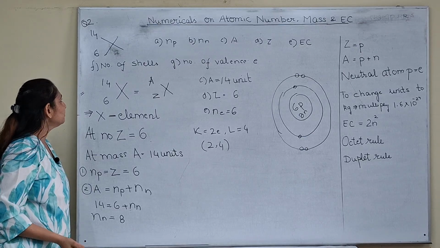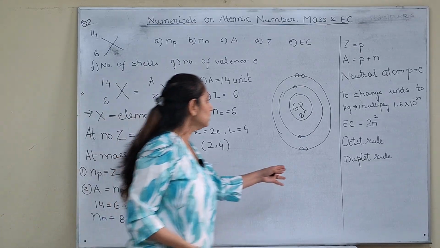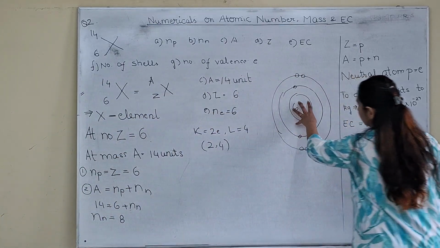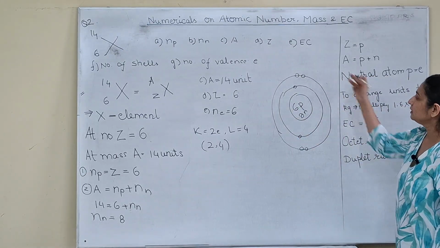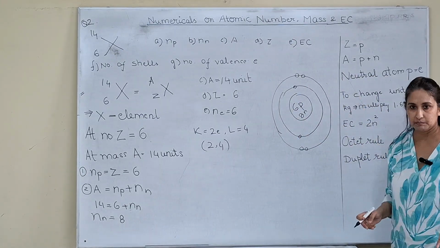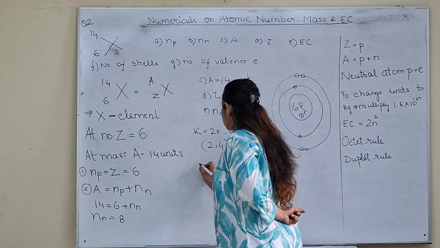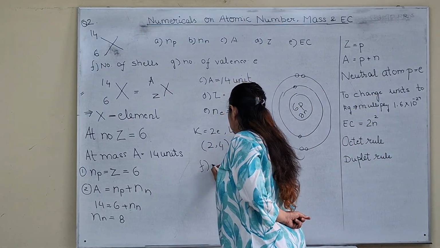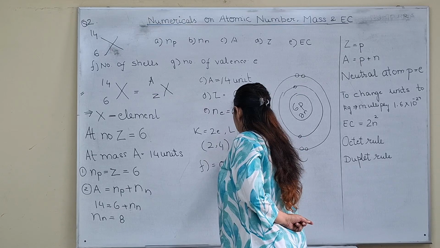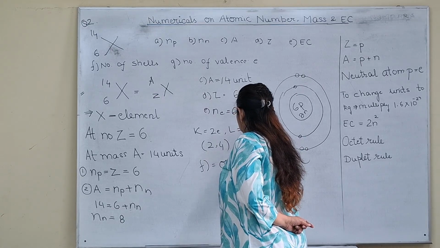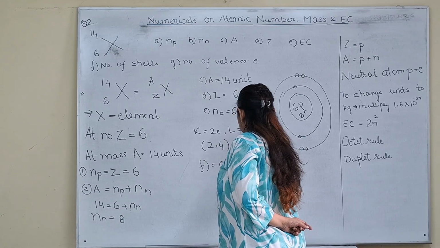Then the number of shells. We can see from here, this is the nucleus and there is one orbit, a second orbit; a shell is the same as an orbit. So the number of orbits becomes 2.